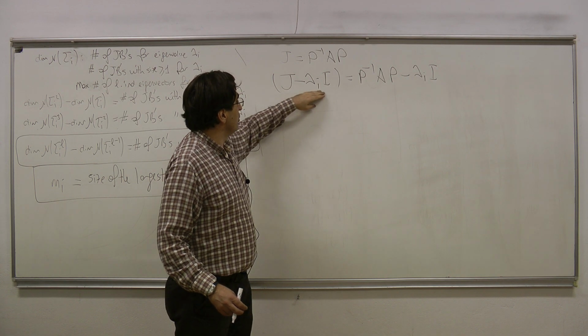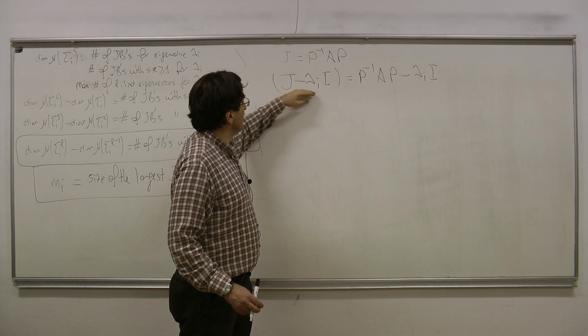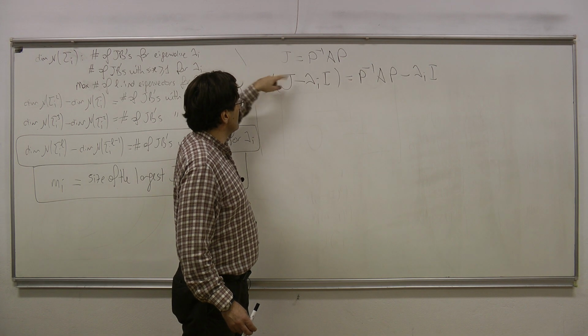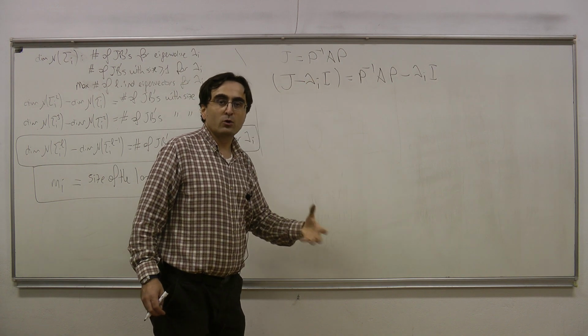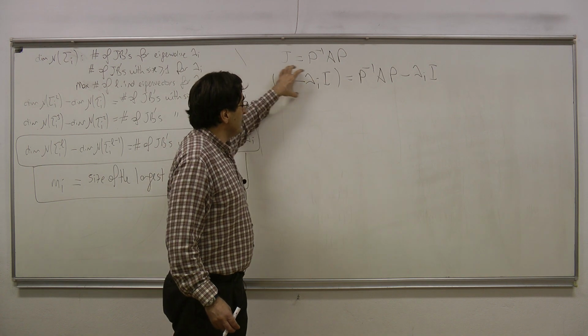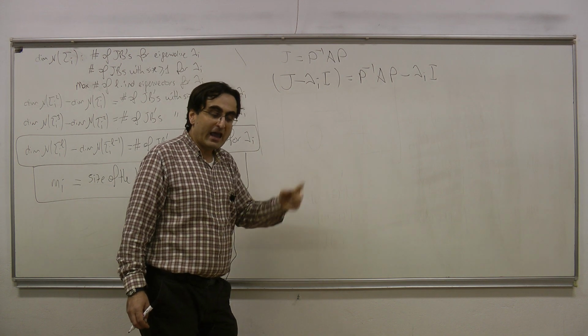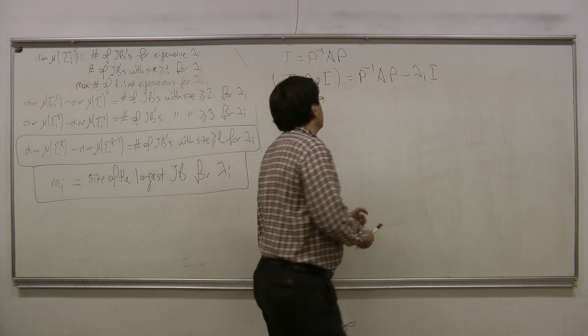But now we're going to make a connection between J minus lambda I identity null spaces and A minus lambda I identity null spaces.